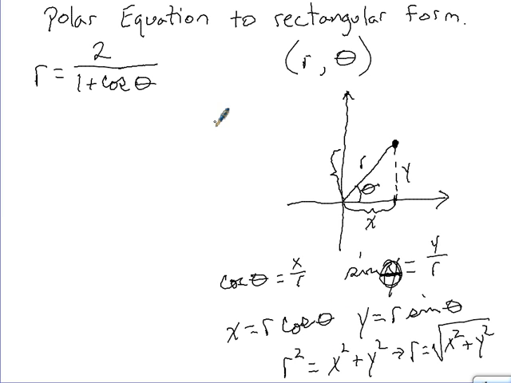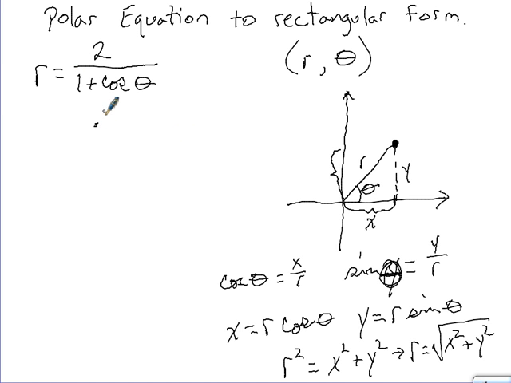Well, how do we use these values in our equation up here? If we multiply both sides of this equation by 1 plus cosine theta, that gets all of our values out of the denominator.